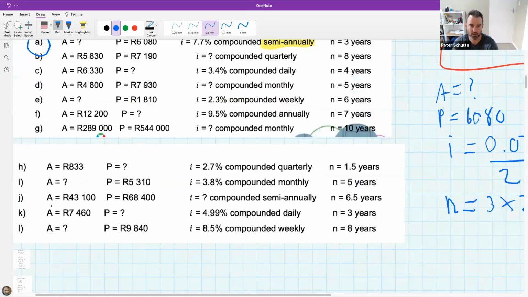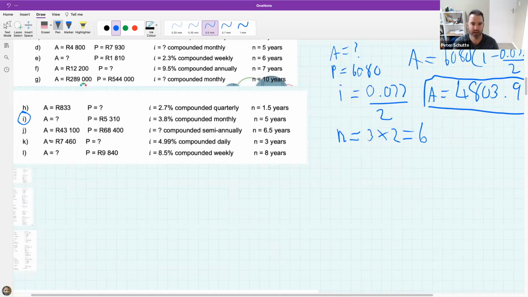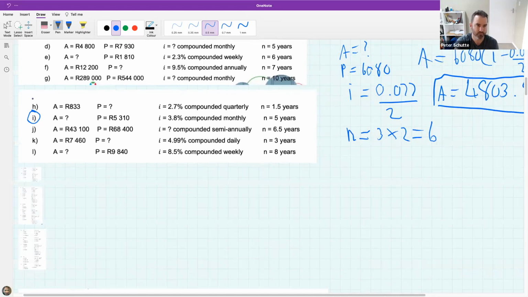I want us to do I, and I also want us to do H. So I want you to first do I, the yellow one first. See if you can work out what A is in that one. And then, after that, I want you to do H, and see if you can adapt your thinking to help you answer this question.